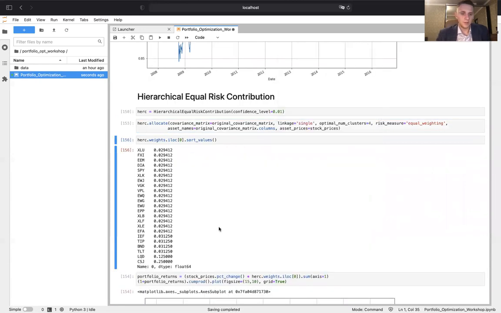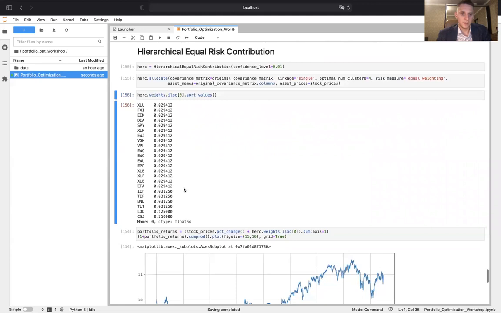So you can see that the portfolio generated two clusters: the equity one with equal weightings inside of this cluster, and another one with equal weightings inside of this cluster, and another two clusters.